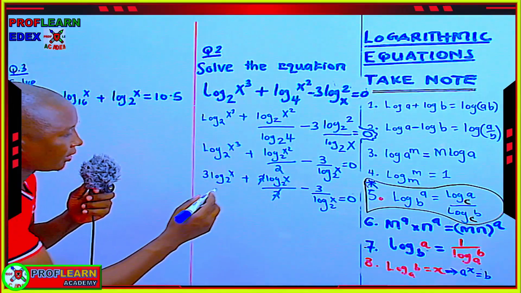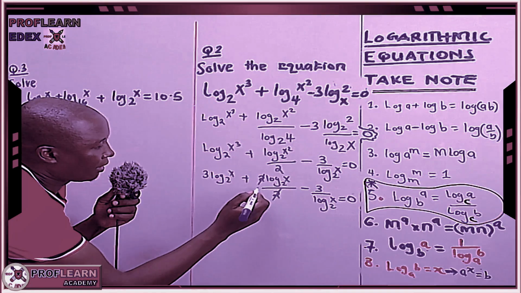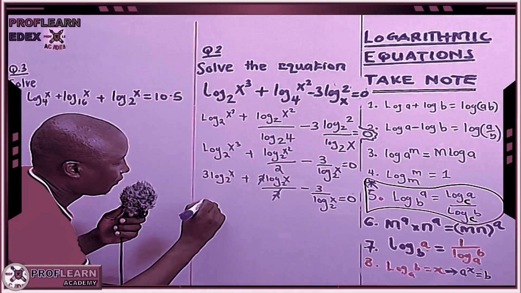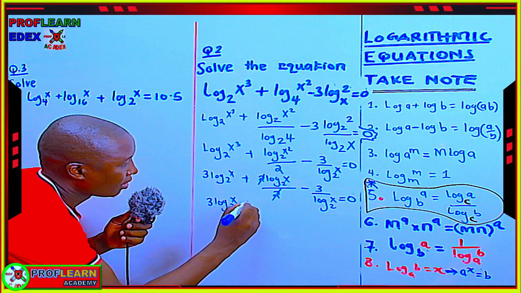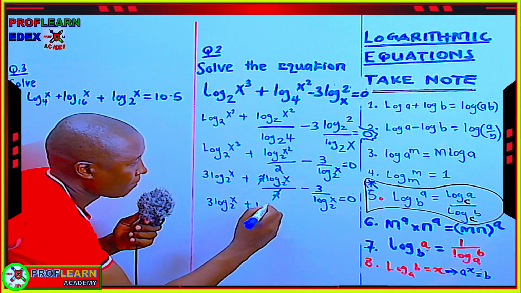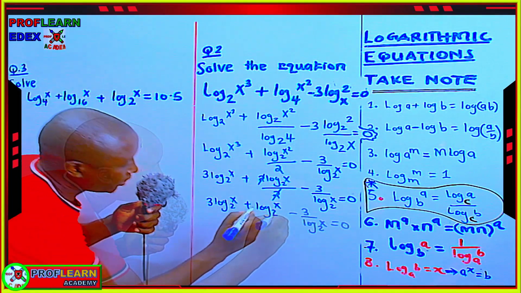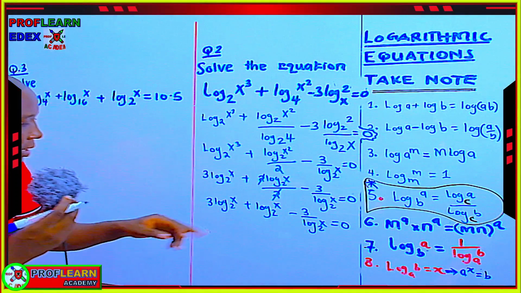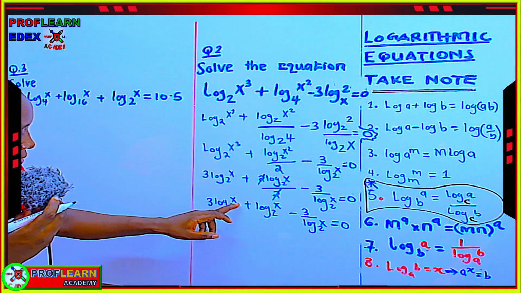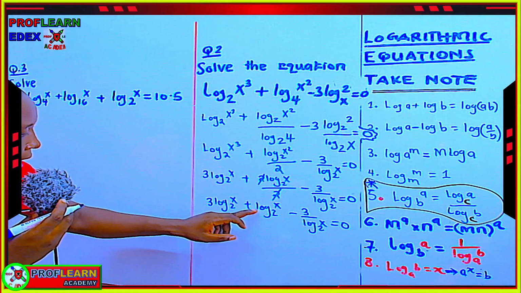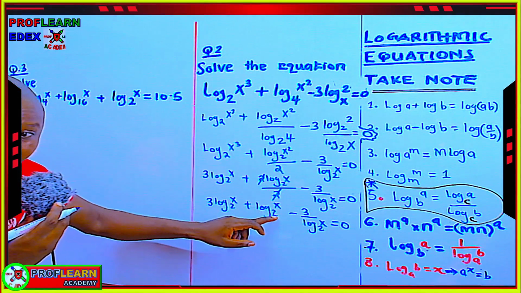If I want to make things cleaner here, I'll have 3 log x base 2 plus 1 log x base 2.